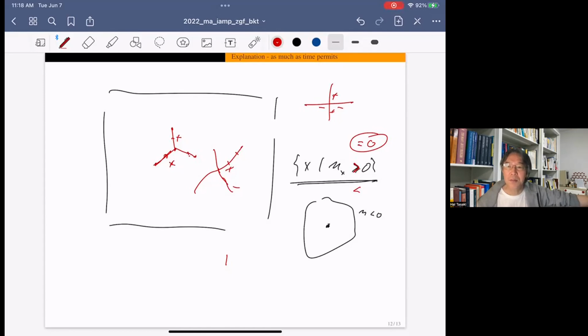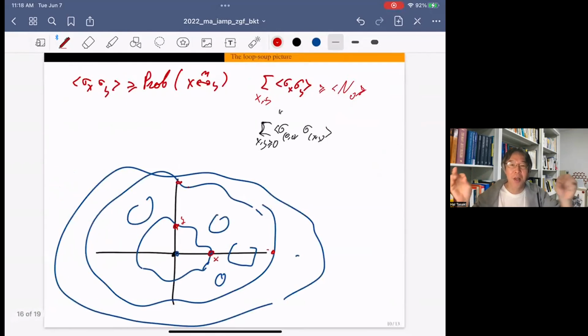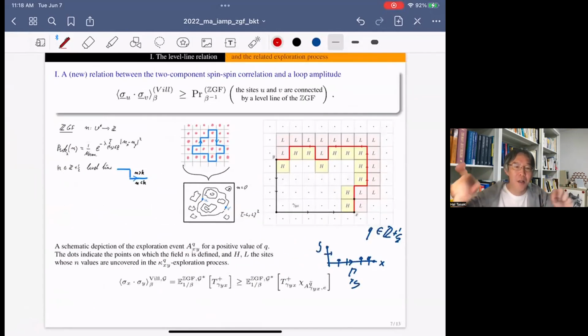Is that okay? I have one more question. You have shown this lower bound on the spin correlation in terms of the probability that two sites belong to the same height level loop.